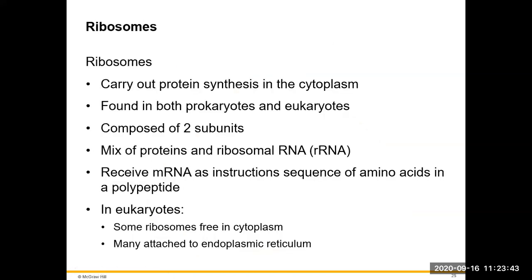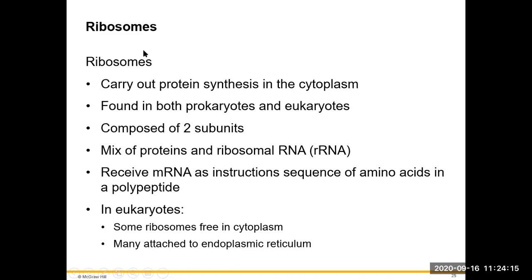Ribosomes, I want you to remember this, carry out protein synthesis, or messenger RNA translation. This happens in the cytoplasm. We find them both in eukaryotes and prokaryotes. They are composed of two subunits, the larger and the smaller subunits. They are a mix of proteins and ribosomal RNA, and they receive messenger RNA as an instruction sequence of amino acids in a polypeptide.